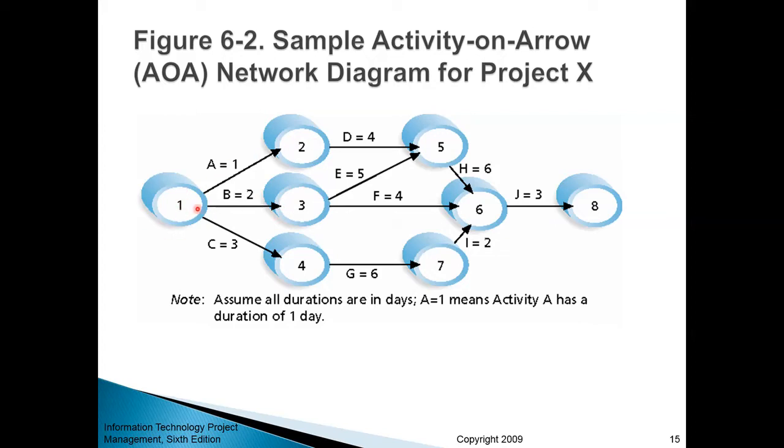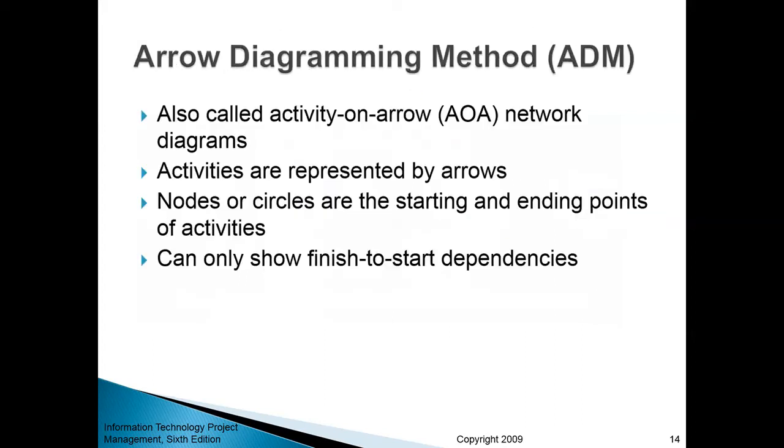So node 1 represents the starting point for activities A, B, and C. And node 3 represents the ending point for activity B. So activity B needs to end before you start activity E. In this case, the node with the number 3 represents the starting point for activity E. So that's one method to visualize the entire sequence of activities for a particular project, and it's called activity on arrow, or the arrow diagramming method.